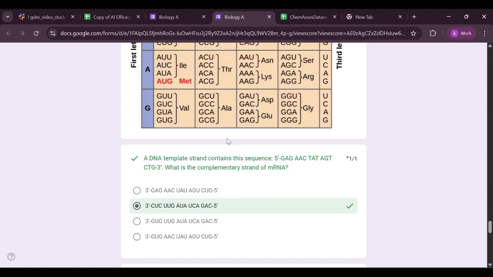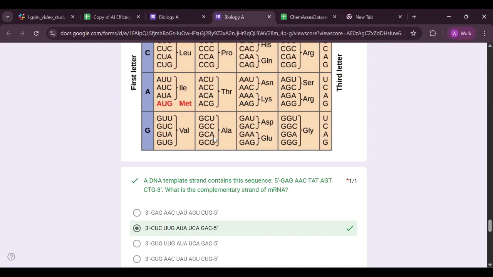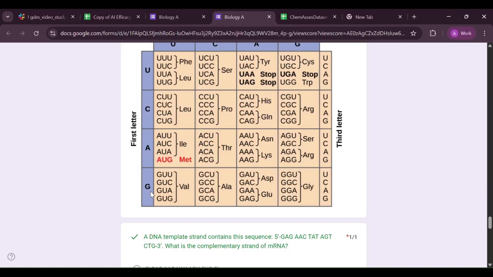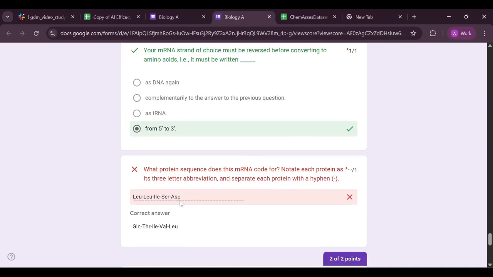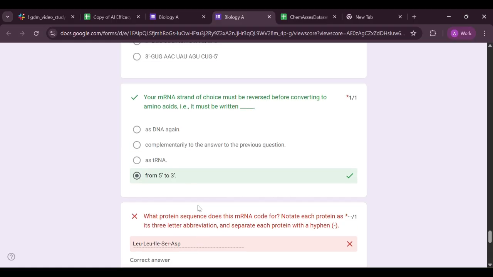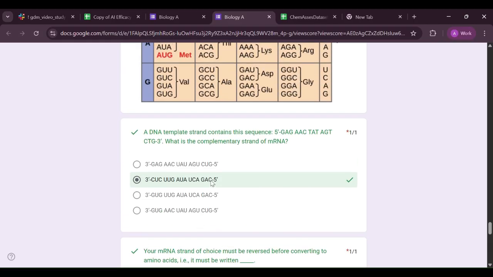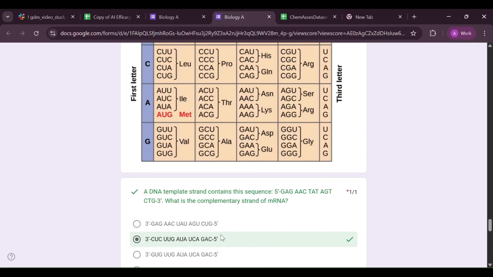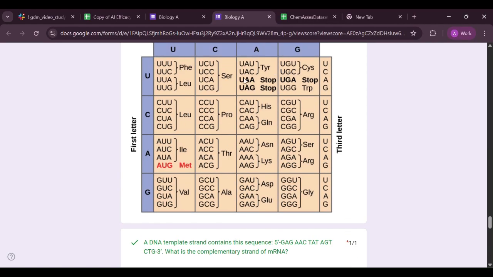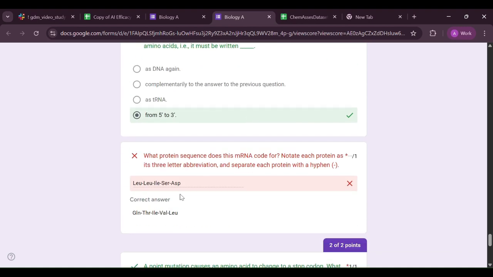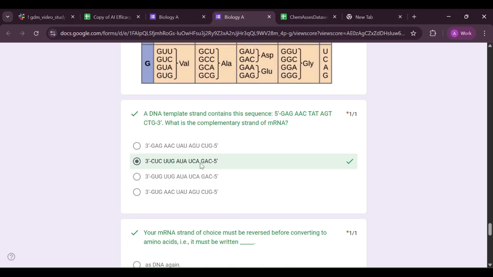We have to check for GAC, which will be written as ASP. No, sorry, not GAC, it is CAG. Like we are moving from this to this, so it will be CAG, and CAG will be written as GLN.